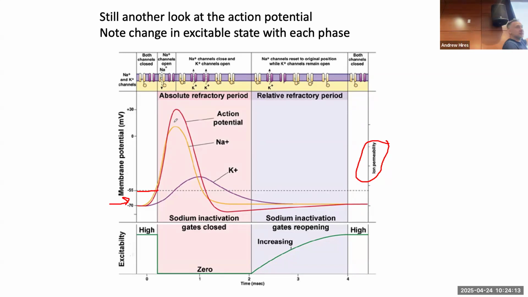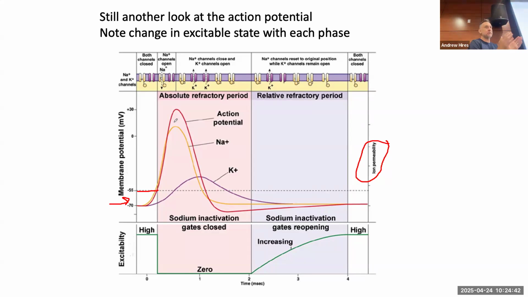Now, why is it going up? It's because the sodium permeability is going up. The membrane potential at any given time is always going to depend on how permeable your membrane is to sodium and potassium and chloride. So if your membrane permeability for sodium is going up and your membrane permeability for potassium is staying the same because those channels aren't open yet, that means we're going to tend to move towards the equilibrium potential for sodium.